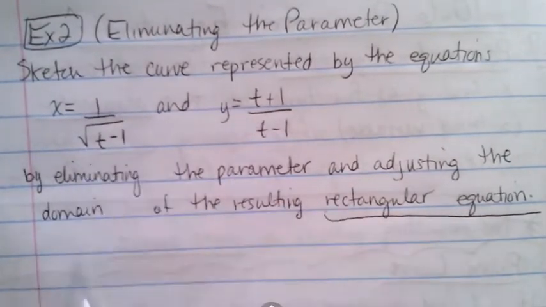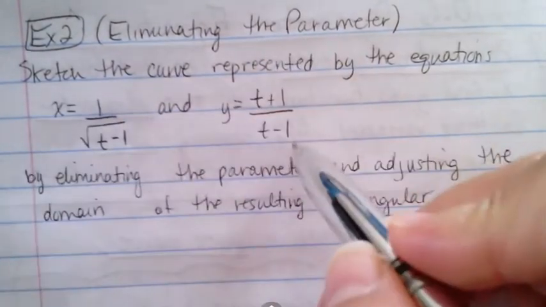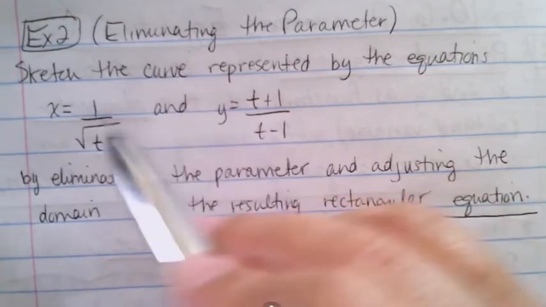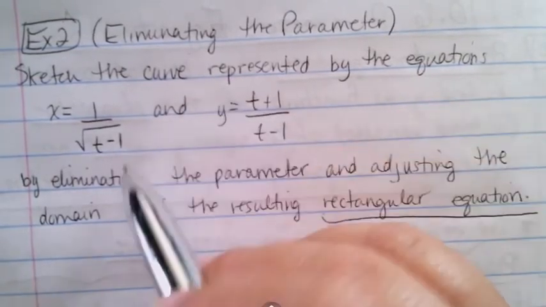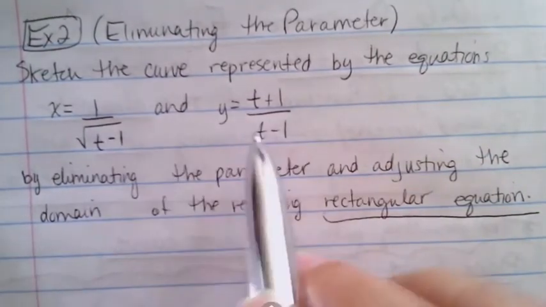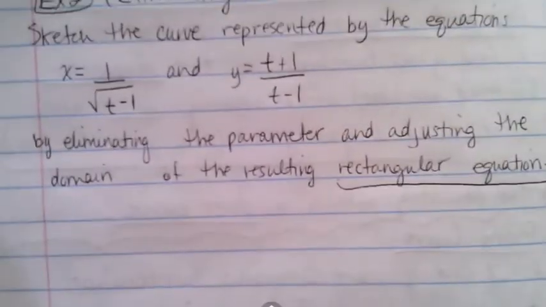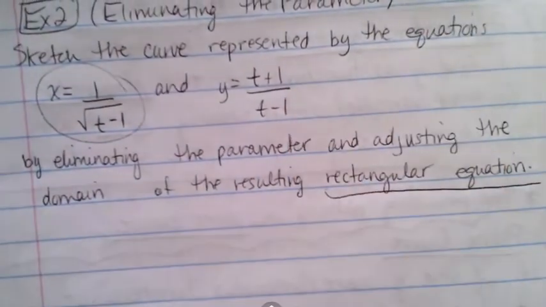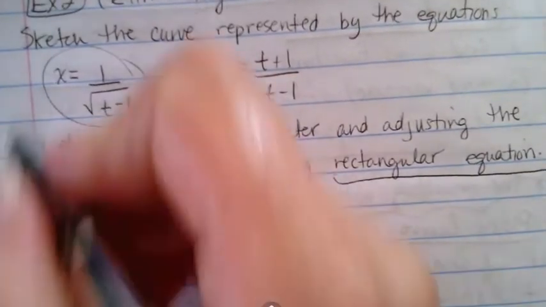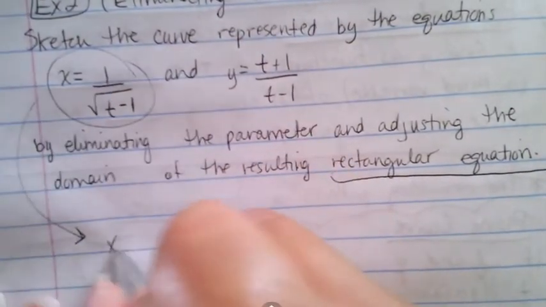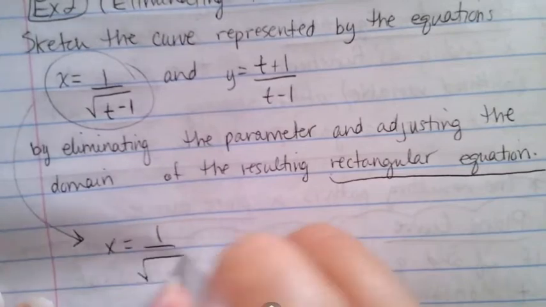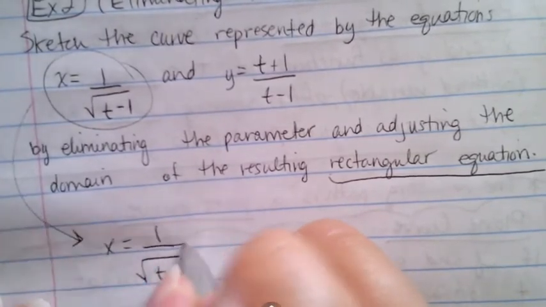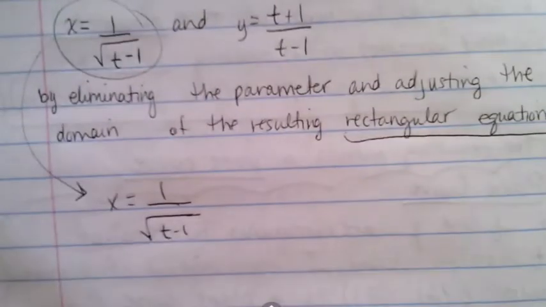Okay, so how are we going to do this? We're going to do kind of what I did before, where we solve one of these for time, for t, so we can plug that into the other one, or vice versa. Here you get to choose. I'm going to choose this one just because I see that one has more going on on the top. So I'm going to say x is equal to 1 over square root of t minus 1, and I'm going to solve for t.